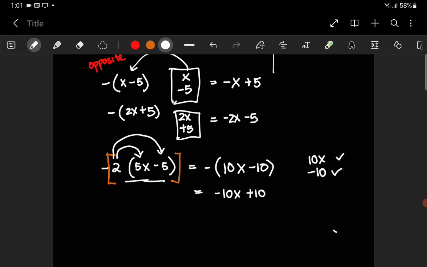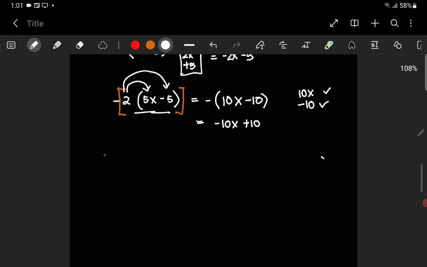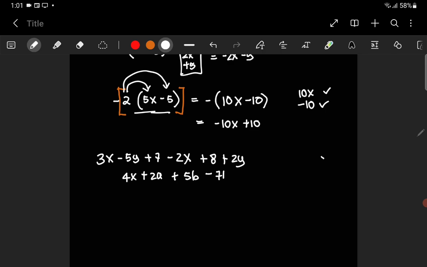For the exercise, I can give something like this one. Let's say for the first one, I have 3x minus 5y plus 7 minus 2x plus 8 plus 2y, for example. And then 4x plus 2a plus 5b minus 7b plus 2x.